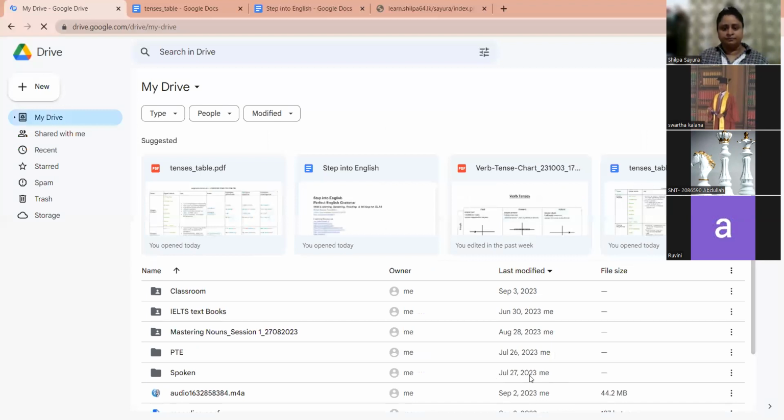Right, let me show a timeline. Do you already know what a timeline is? Yes or no? What is a timeline? So can you see my screen?